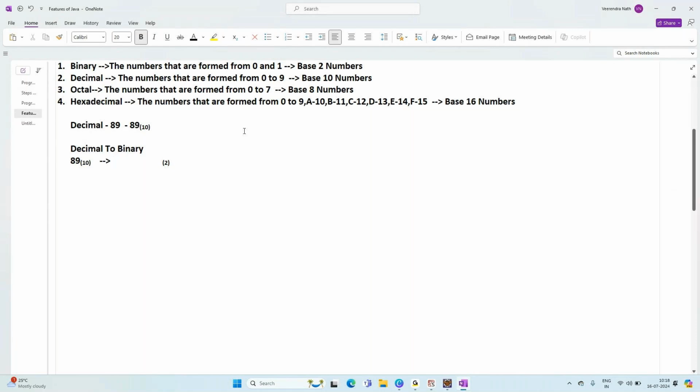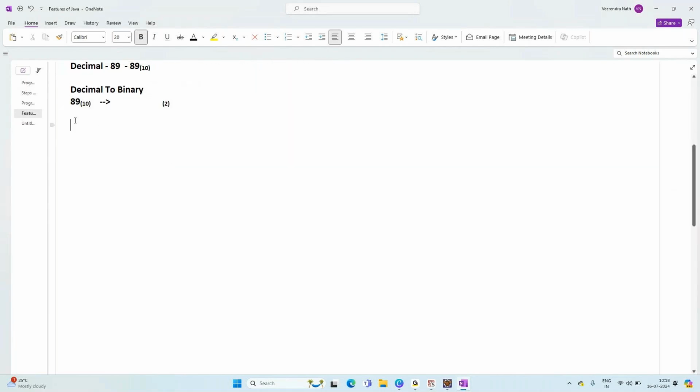Now what do I have to do? To convert decimal to binary requires the division remainder theorem.